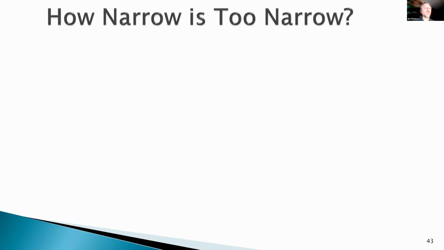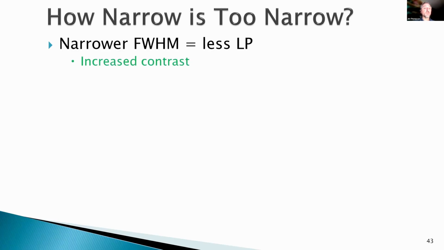The final advanced filter topic to cover is how narrow a filter is too narrow. As I have already discussed, there are some advantages to having a narrower full width half maximum, including increased object contrast and increased signal to noise ratio.